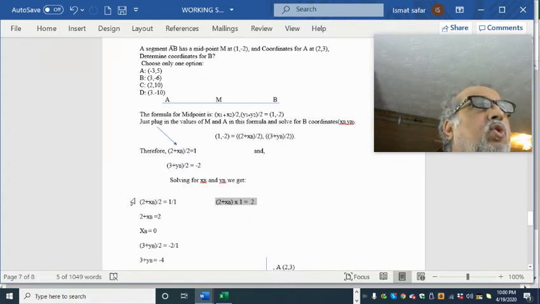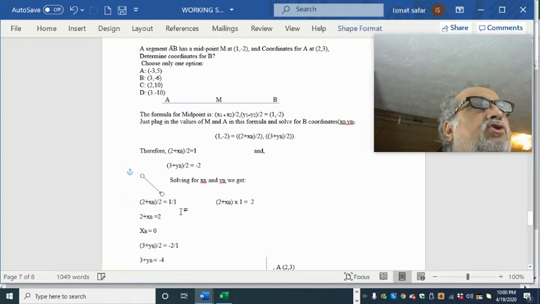Let me do this: 2 plus x of b, times 1, equals this 2 here times this one here. Just cross multiply, right?